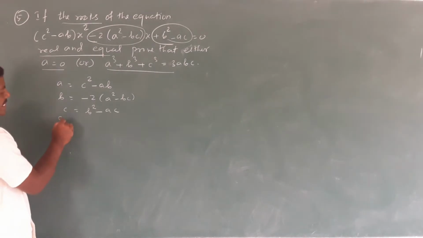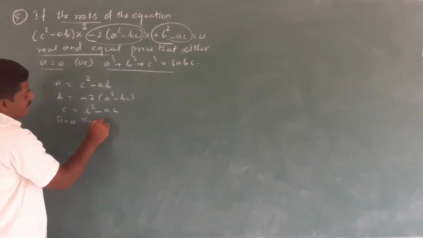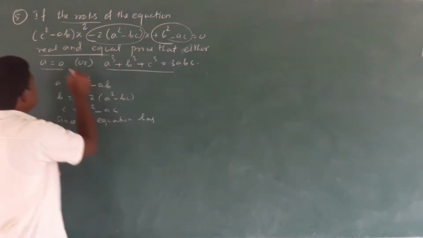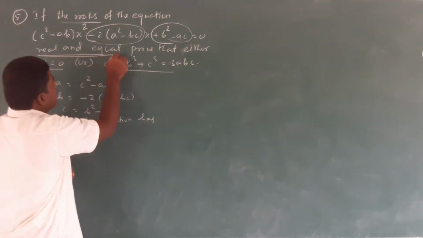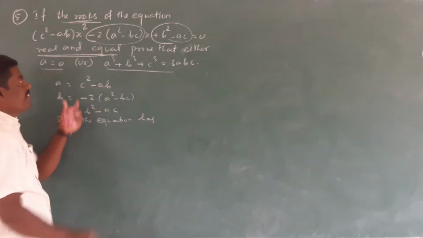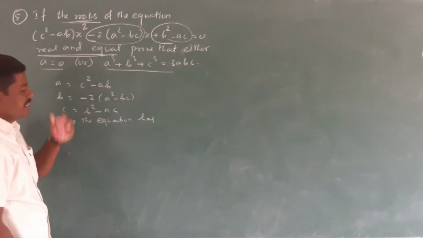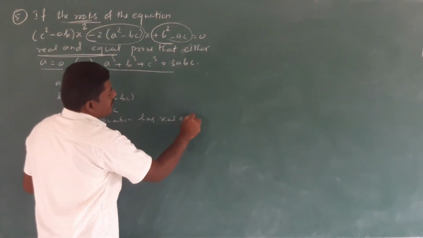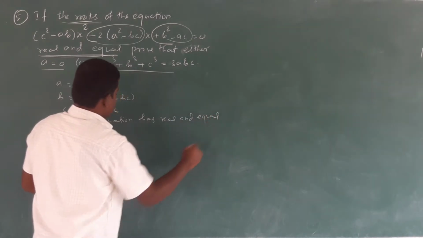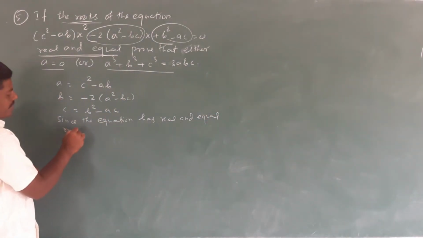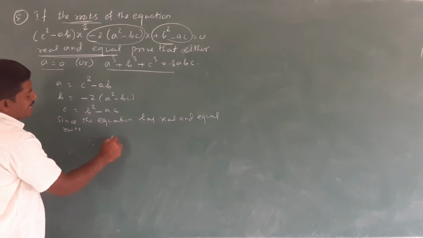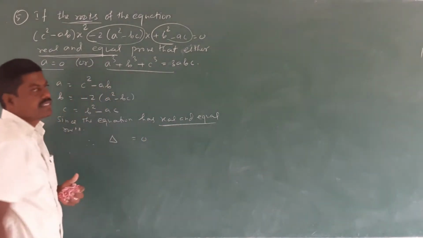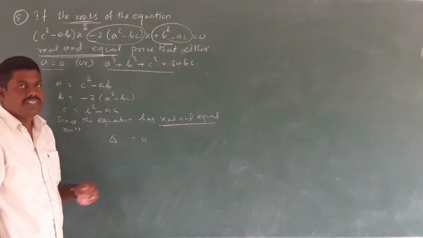So since the equation has real and equal roots, therefore delta equal to 0.